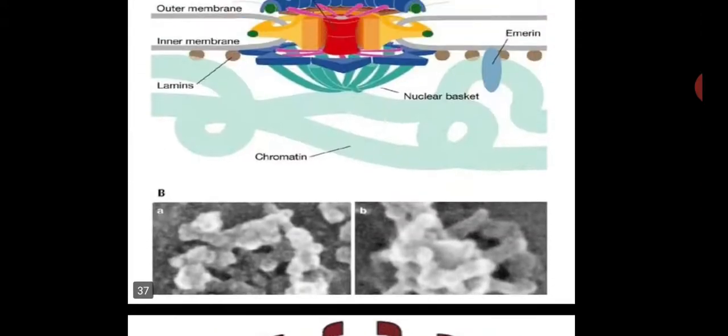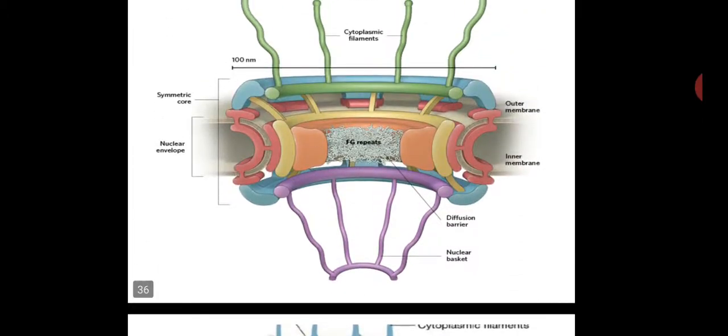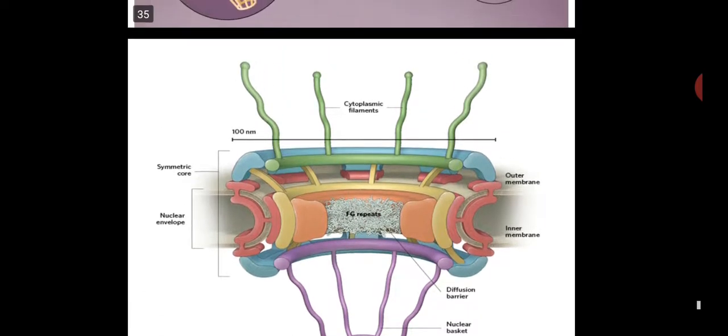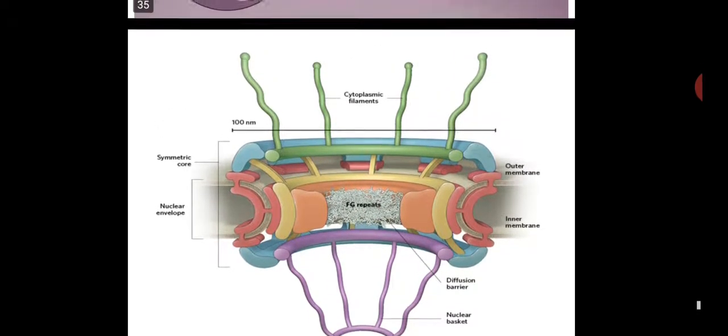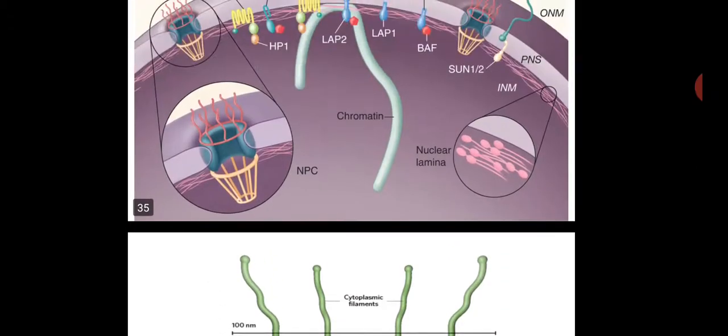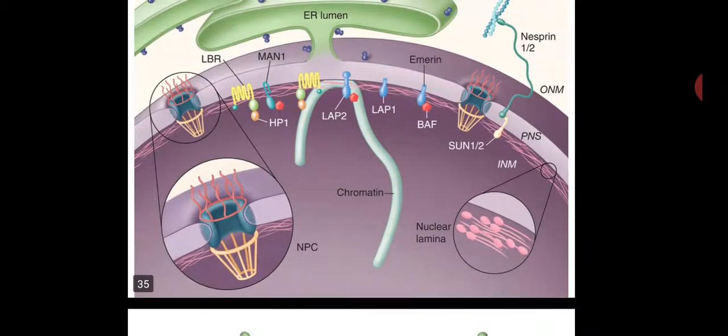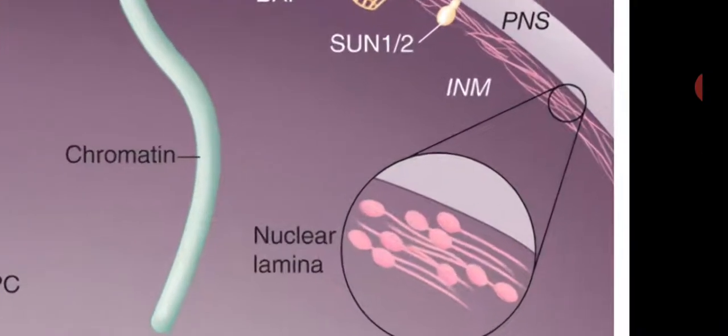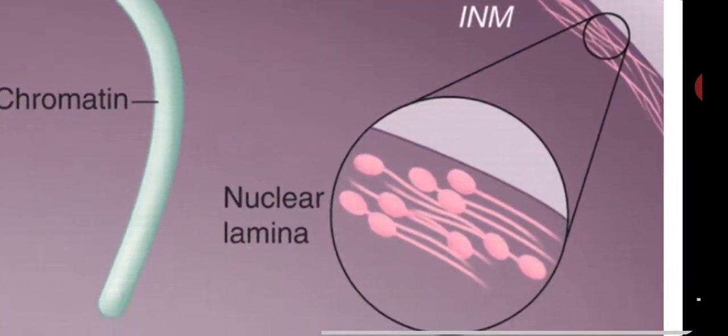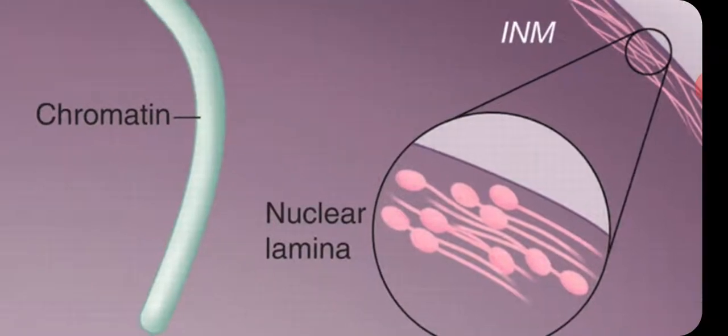This is a clear-cut diagrammatic view, which you can use for easy understanding. Look at this picture. This is the overall chromatin, and here is the nuclear lamina, which can give some mechanical support.